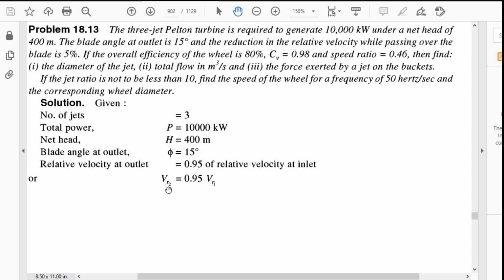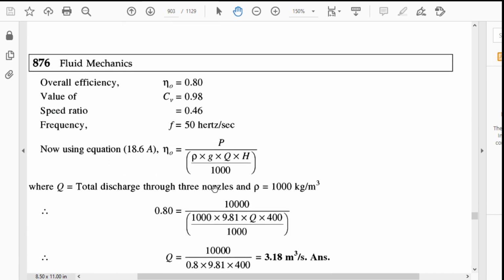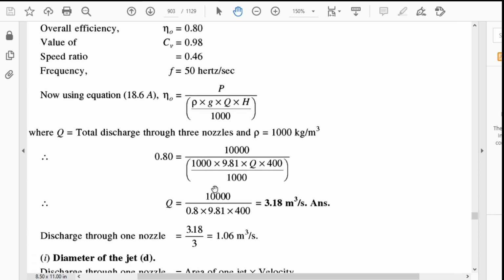That means VR2 equals 0.95 VR1. Overall efficiency they have given as 80%, CV as 0.98, speed ratio as 0.46, and frequency is 50 hertz.